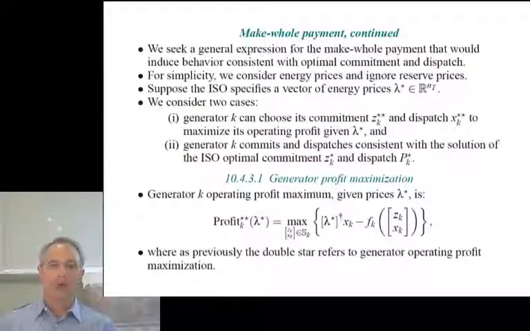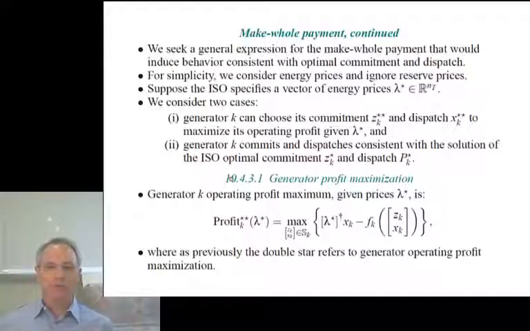We'll consider two cases. First, generator K can choose its commitment zk double star and dispatch xk double star to maximize its operating profit given the price lambda star. The second case will be generator K commits and dispatches consistent with the solution of optimal commitment and dispatch, which we'll continue to write with a single star.